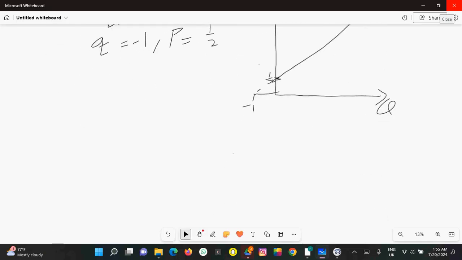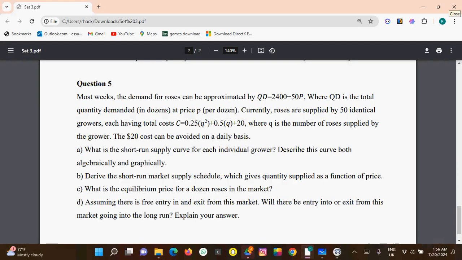So now, write the short-term market supply schedule, which gives quantity supplied as a function of price.